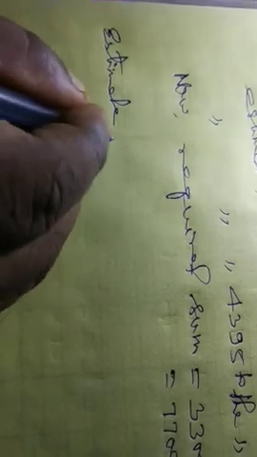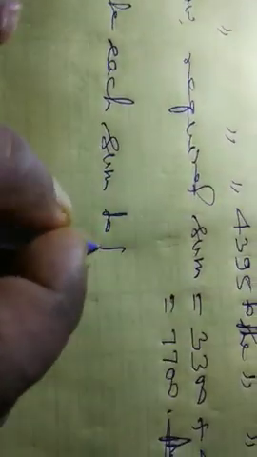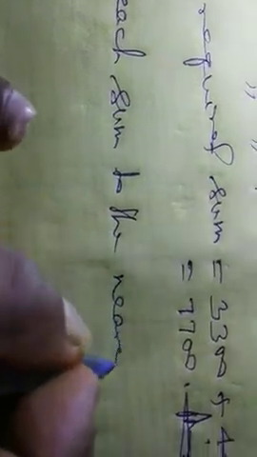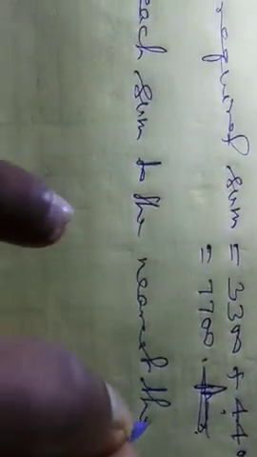Again, next question is 20. Estimate each sum to the nearest 1,000.